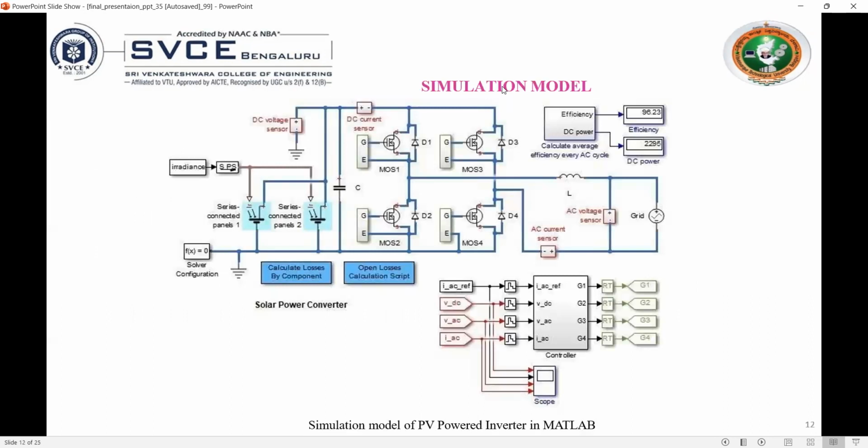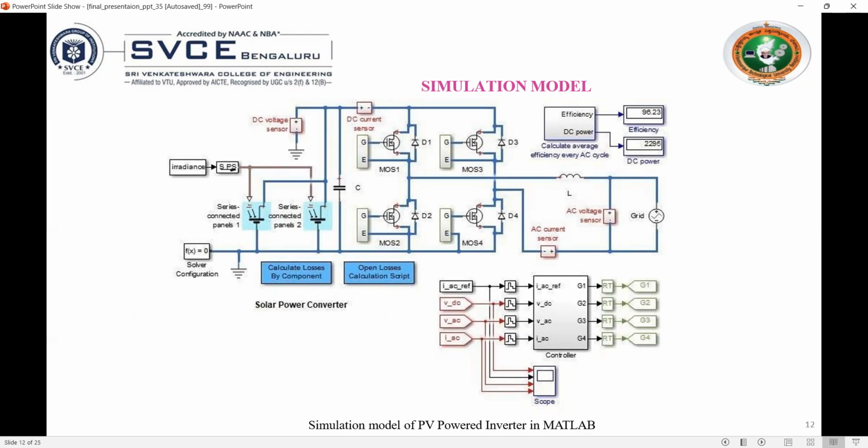So here we come to the simulation model. Here two solar panels are connected. When sunlight falls on them, they measure the temperature and irradiance and convert it into DC power. There is a capacitor which will store the energy, because throughout the day we won't get the same DC power.